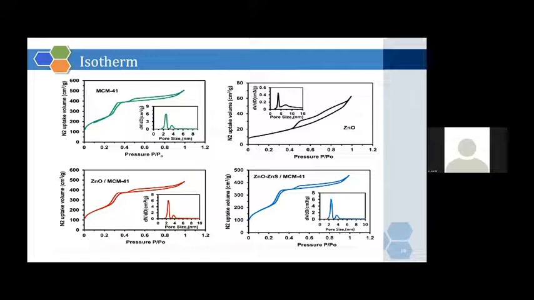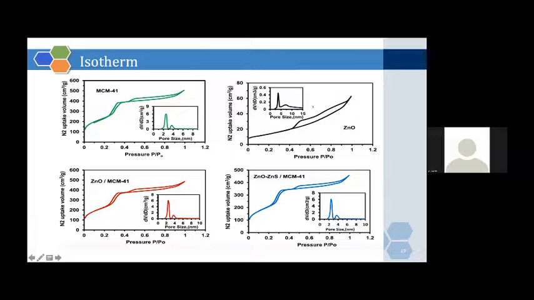This figure is the nitrogen adsorption-desorption isotherm of the prepared samples. According to the IUPAC classification, MCM-41 exhibits type 4 isotherm with an H1 hysteresis loop at relative pressures more than 0.3, indicating the presence of a well-defined series of uniform mesopore channels, which is important for efficient adsorption.